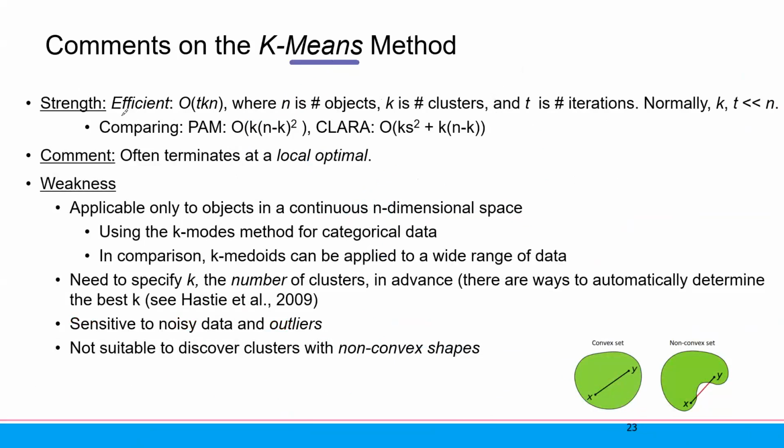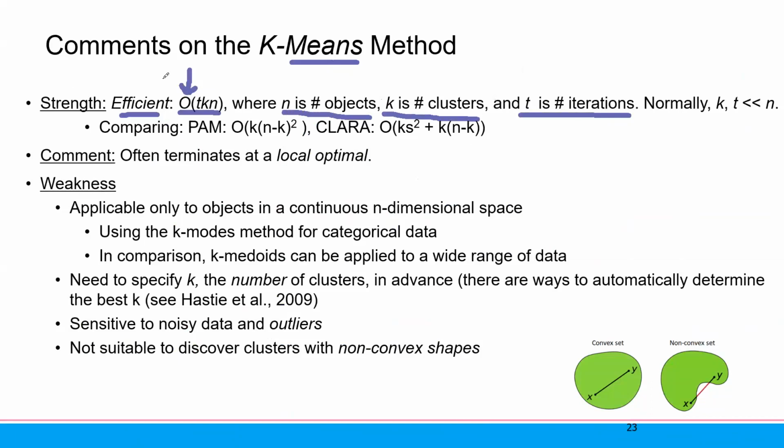If you learn data structures, you will see the big O notation. The big O notation is TKN. N is the number of objects, K is the number of clusters, and T is the number of iterations. So we do it for every iteration, for all the clusters and for the objects.